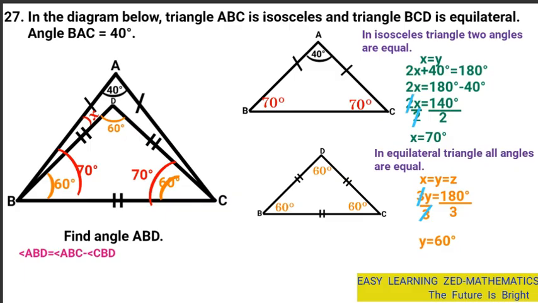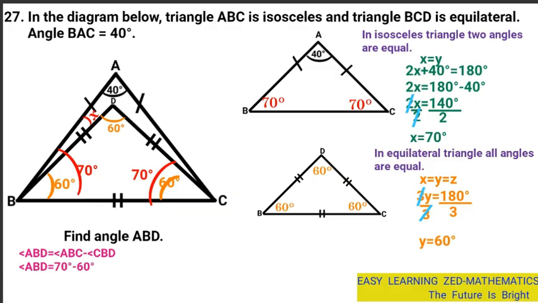Now let's come to finding the values. What is the value of angle ABD? We don't know, and that's what we want to find. So we're going to write ABD. Then what's the value of angle ABC? Angle ABC is equal to 70 degrees, minus angle CBD, that is 60 degrees.